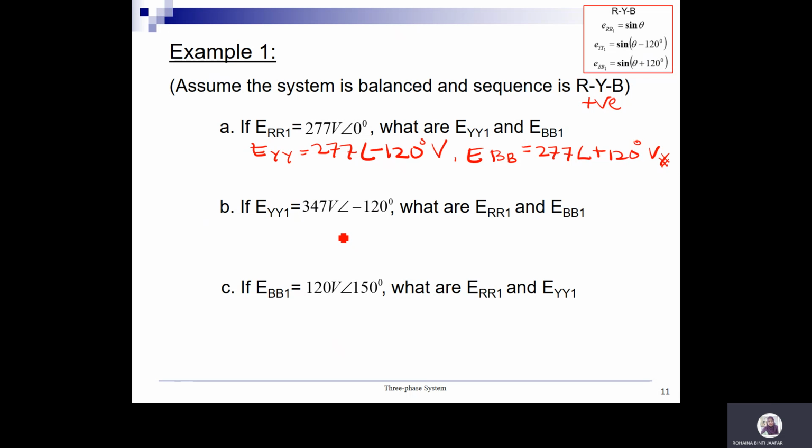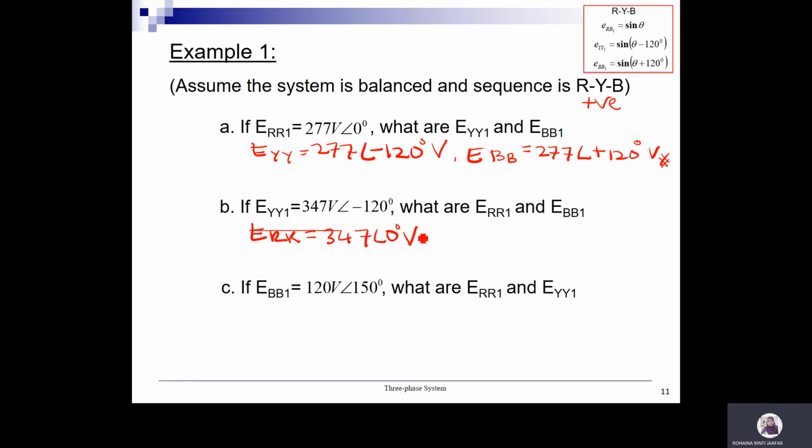Okay, how about this one? The question gives you the yellow phase. So find the value of voltage produced for red and blue phase. You compare to this relationship. So for ERR, this one is already at minus 120, so you know that for ERR the degree will be 0.